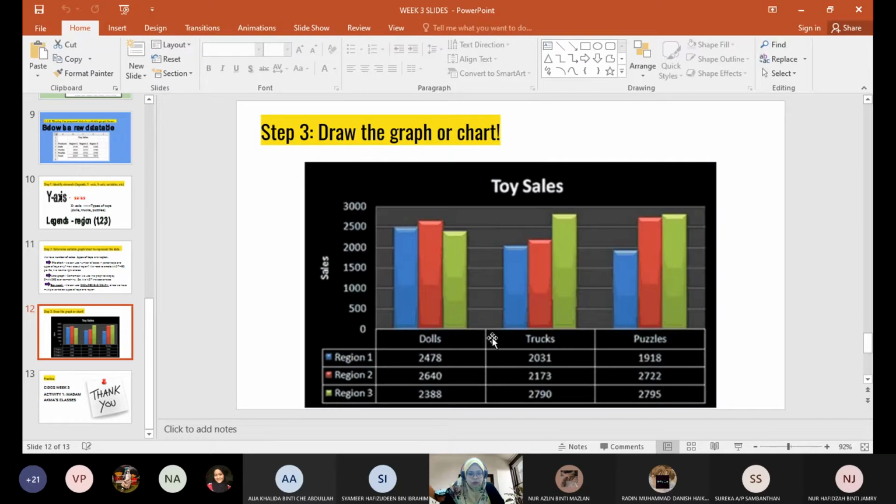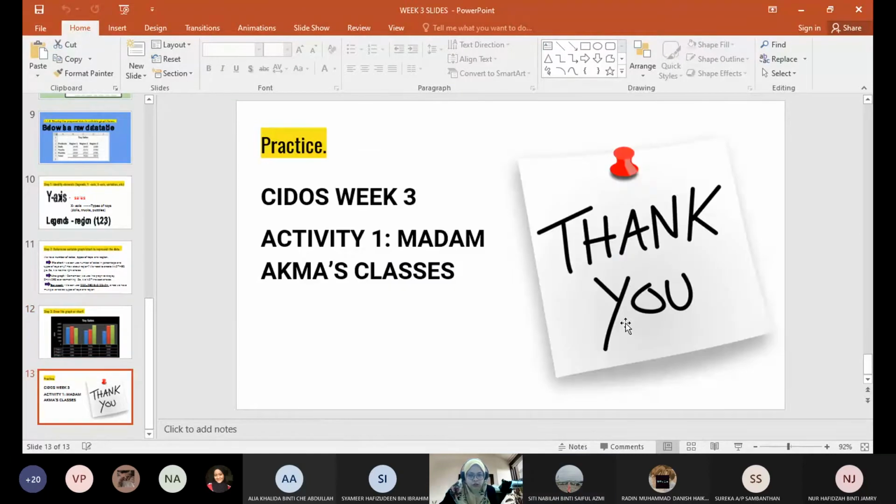X-axis dia adalah types of toys. And then every bar ni, the bar element ni represents the legends: region 1, region 2 and region 3. Okay, clear? Yeah. Okay, very good. Thank you. So for slides, we finish for this.